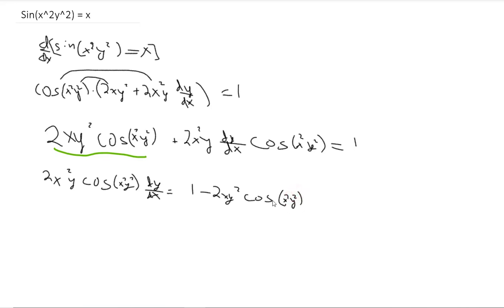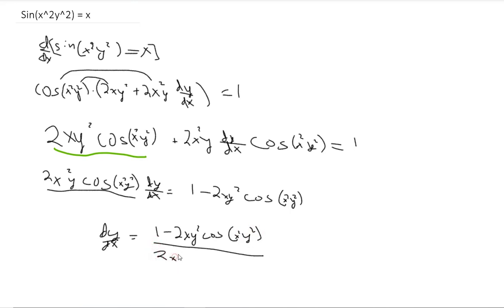Alright. And now we just divide by this portion to solve for dy/dx. dy/dx is equal to 1 minus 2xy squared cosine of x squared y squared, all over 2x squared y cosine x squared y squared.